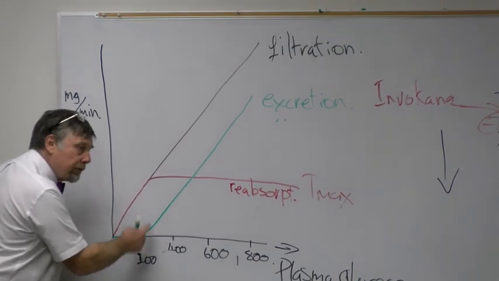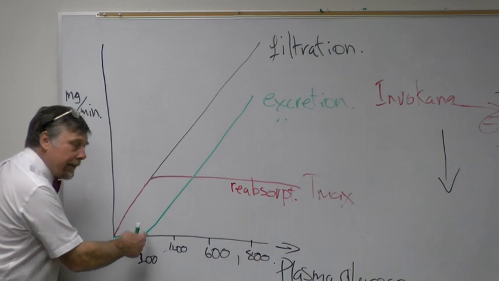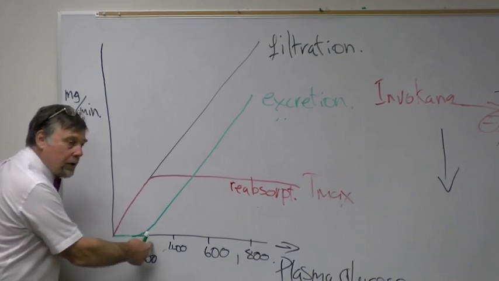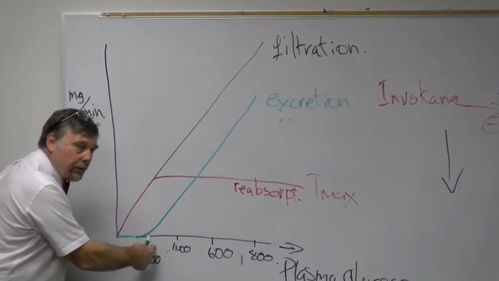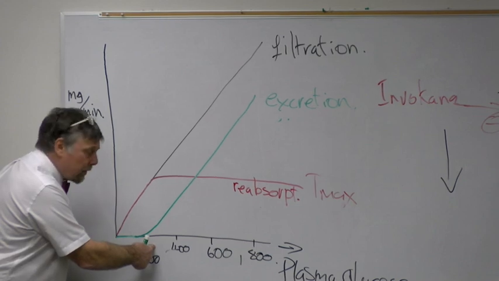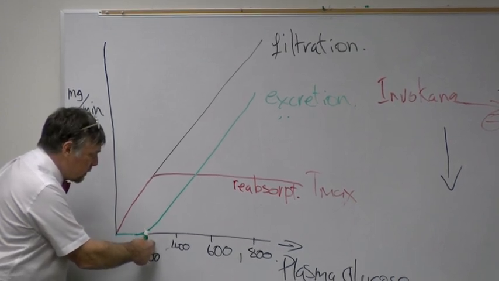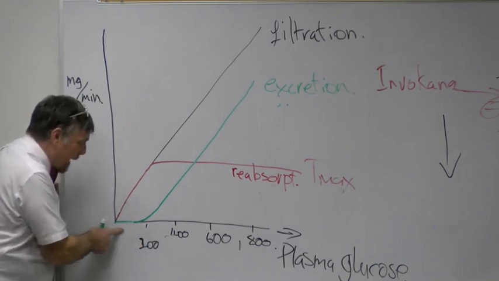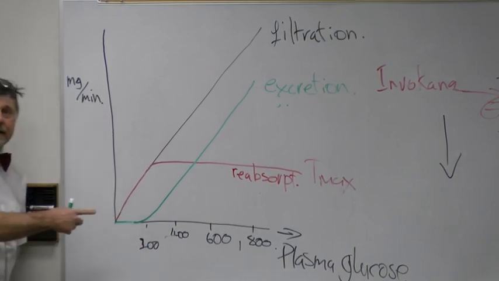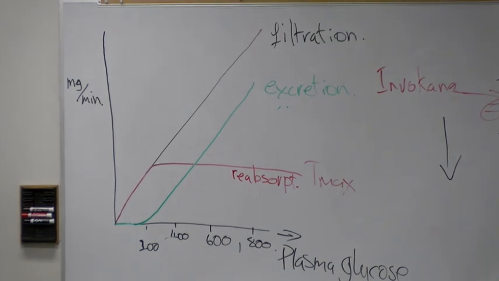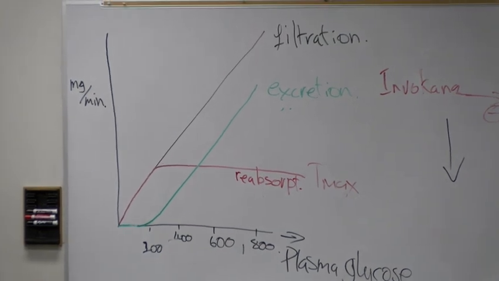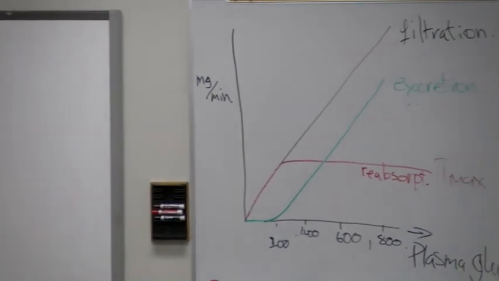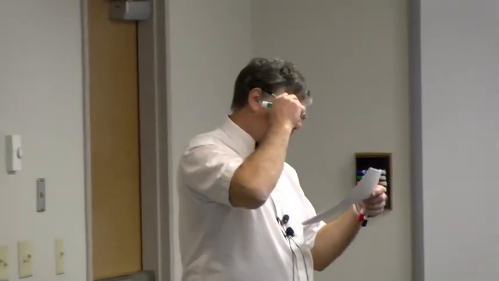So when glucose starts to spill out in the urine, it's an indicator that you've got high plasma glucose levels. In most of us that are not diabetic, we stay well below this line. Even when we eat a lot of glucose, it should not go up to 200. I think that's what the graph shows here. Threshold's about 200.